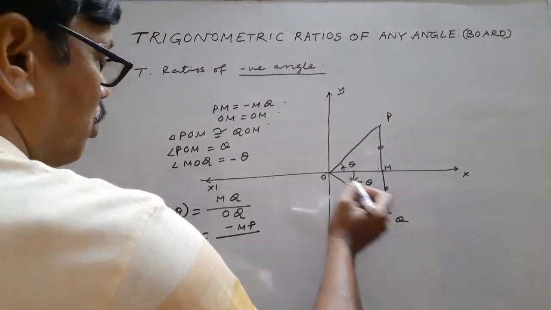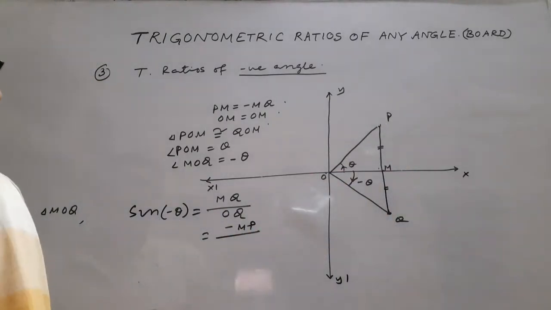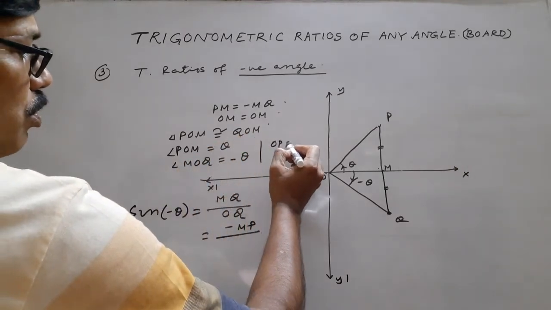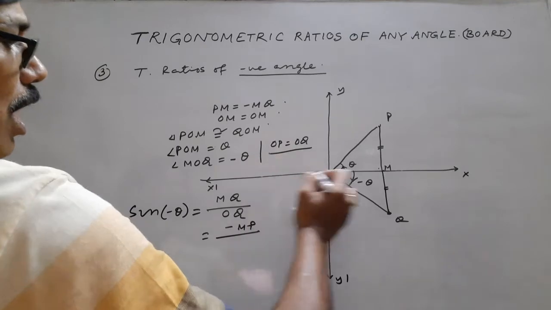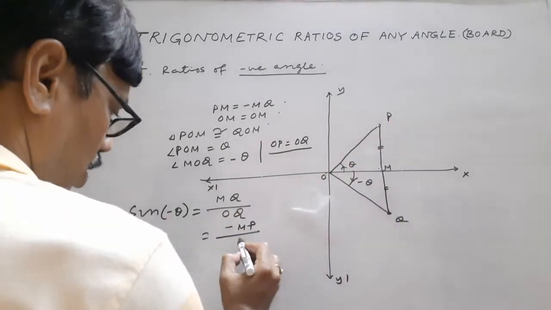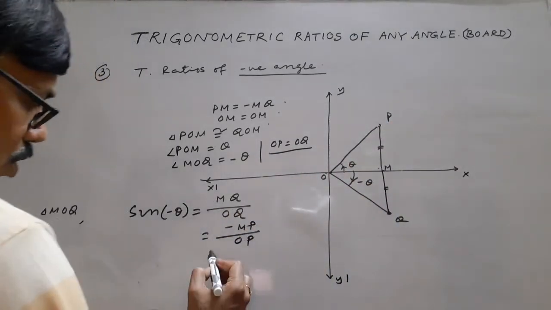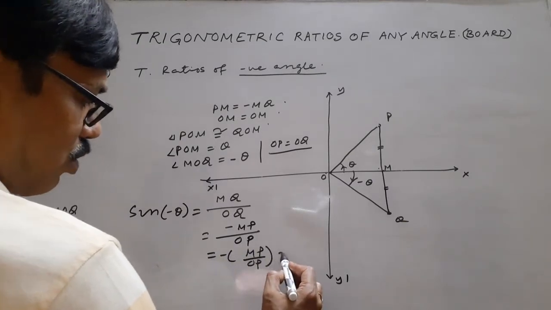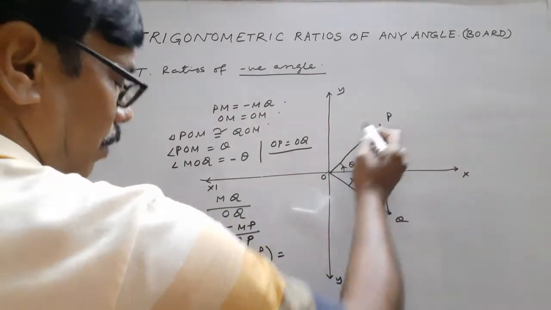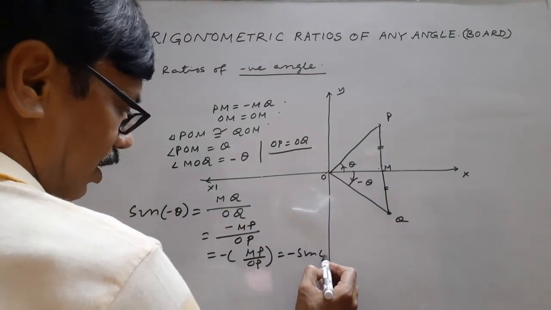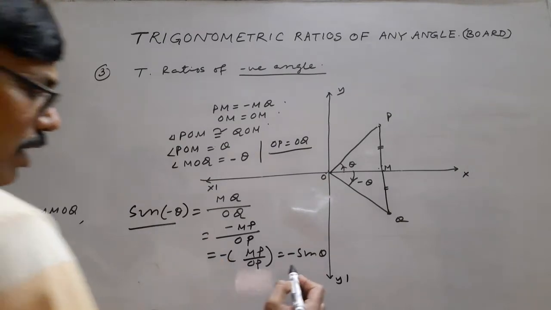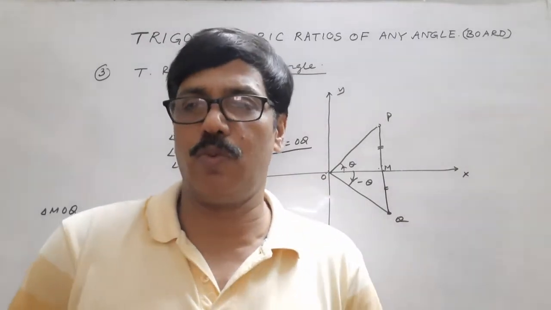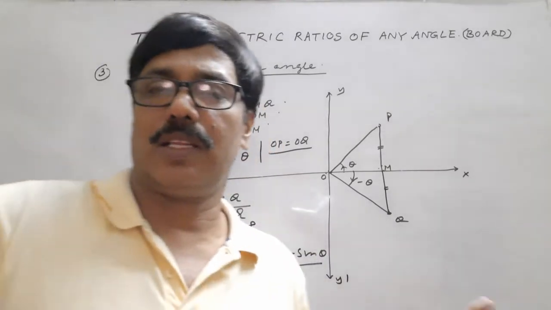And OP equals OQ, as they are congruent. And this is the revolving ray, which we consider as positive. So minus MP by OP, which equals minus sine theta from the upper triangle. So sine of minus theta is minus sine theta. No need of proof, you always remember the result.